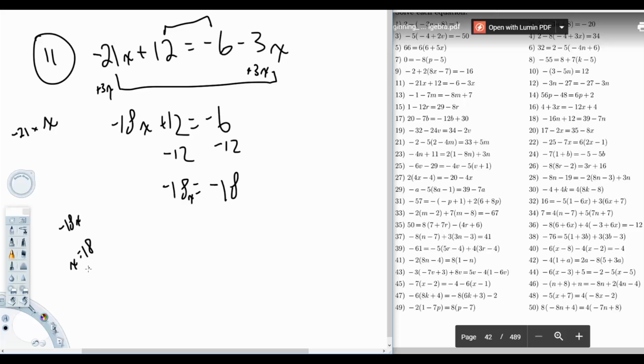And if I want to get rid of the minus 18, I have to divide by minus 18, not subtract, sorry. So I'm dividing. Boom. Cross these out. They're the same number. So that gives you 1x equals 1, or just x equals 1. We never say 1x, we just say x. And that is the answer to number 11.